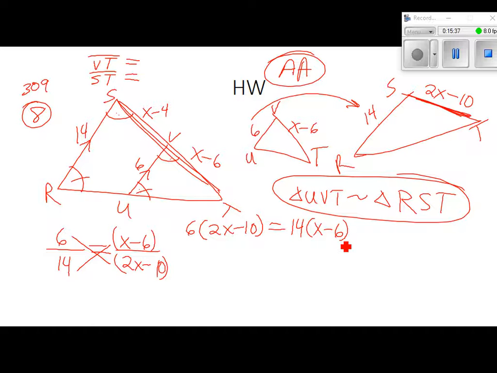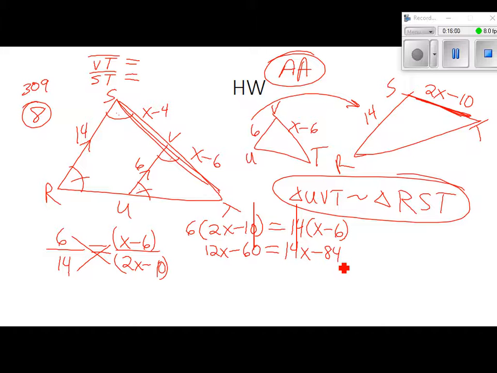What's the next step we're going to do? Distribute for all of it. Somebody tell me what's this first one when you distribute? 12x minus 60. What's the second one? 14x minus 84. Everybody agree with that? Now what? We've got x's on both sides, right? So what do you gotta do?